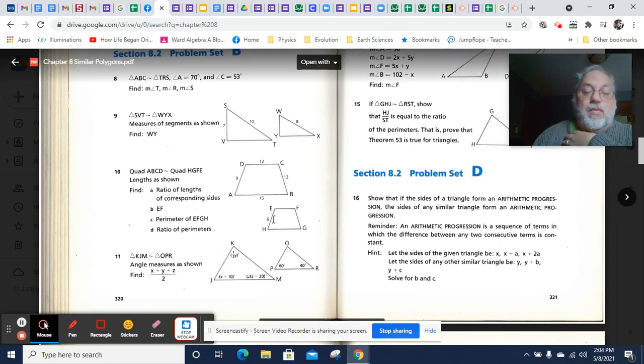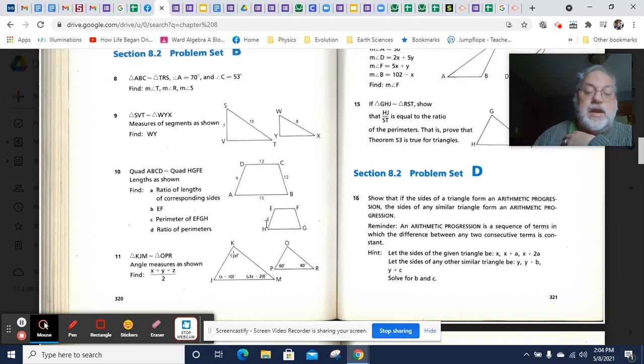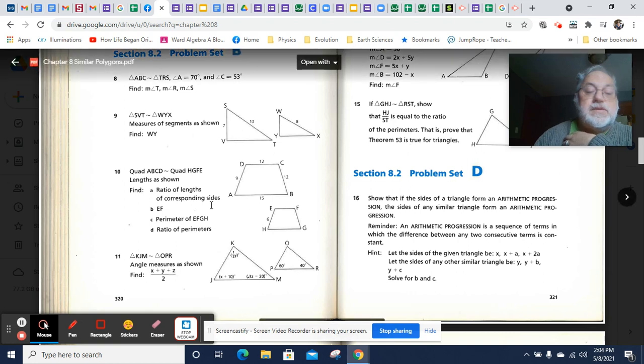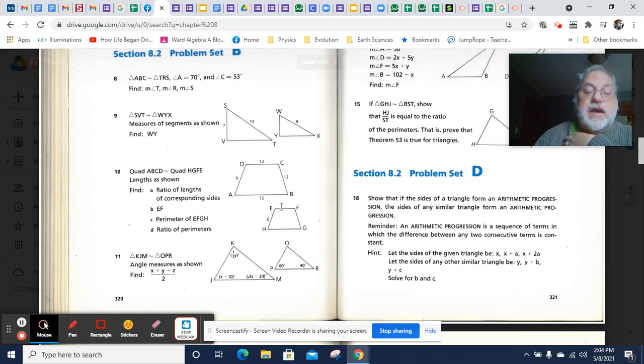So we've only got one side on HGFE, but we can use that to build all the other sides. So 6 is to 9, so that's 2/3. So all of these sides should be 2/3 of their corresponding sides. So we want to find EF. EF will be 2/3 of DC, because that's the ratio.